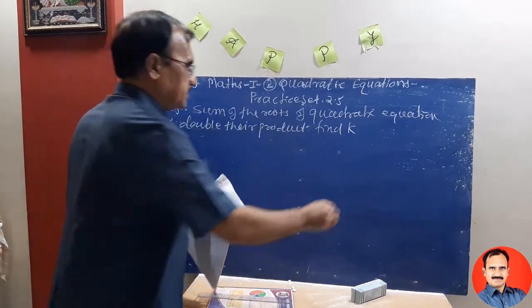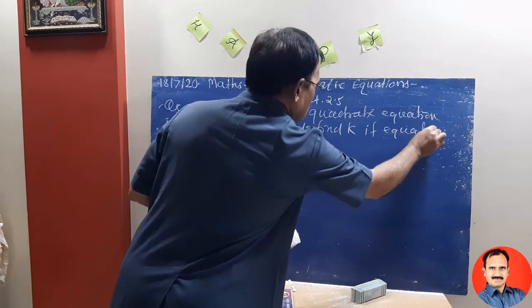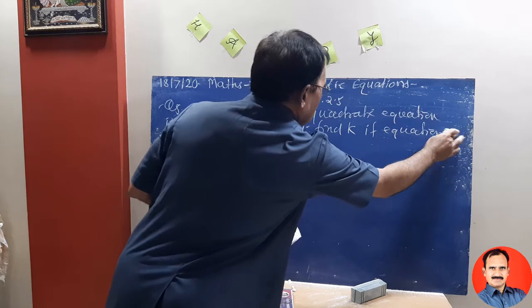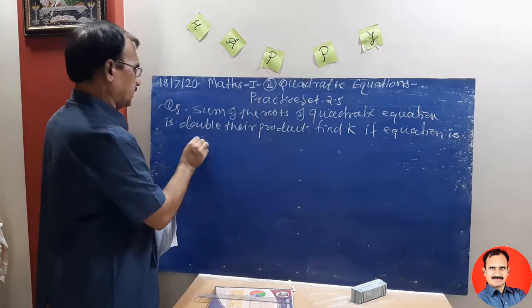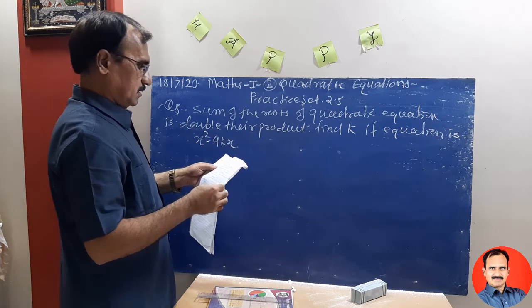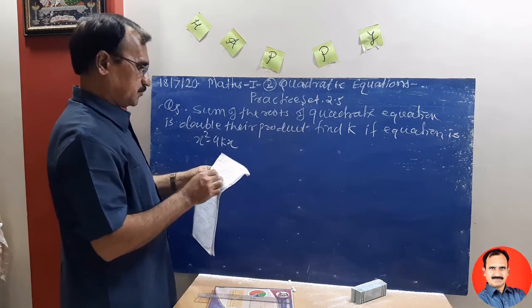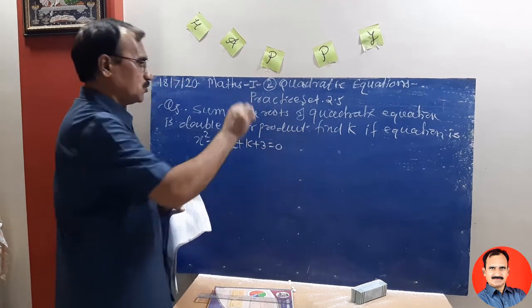If equation is x square minus 4kx plus k plus 3 is equal to 0.